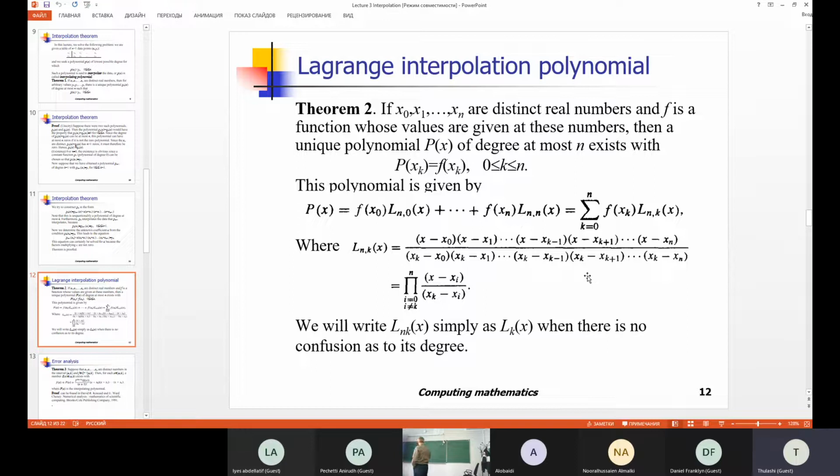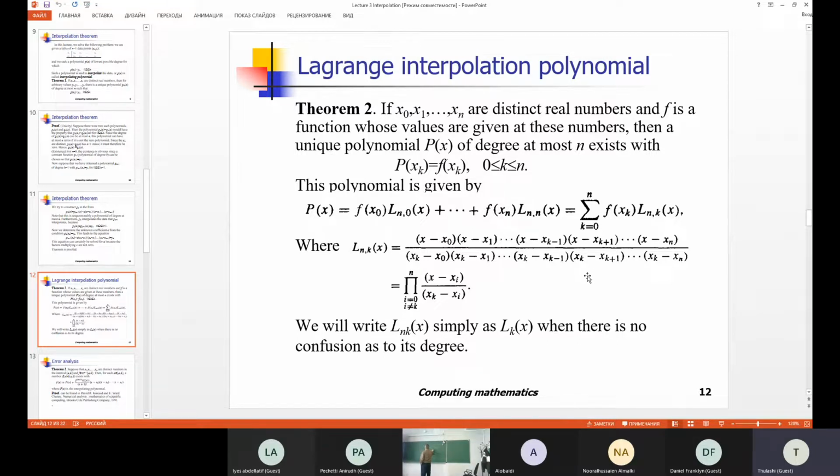How to write L1? The same idea. I should skip the point 1 in the numerator and use it in the denominator.